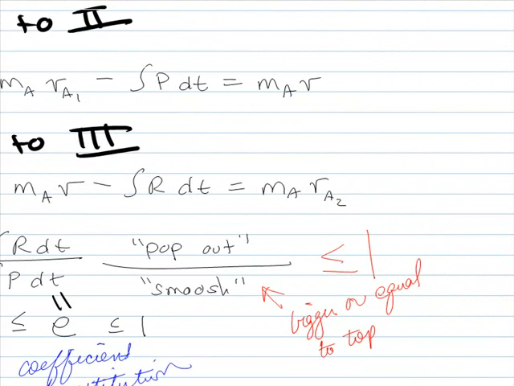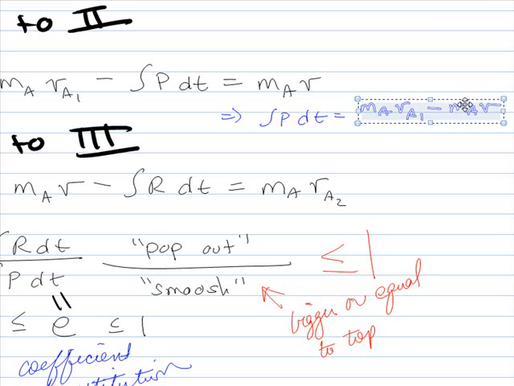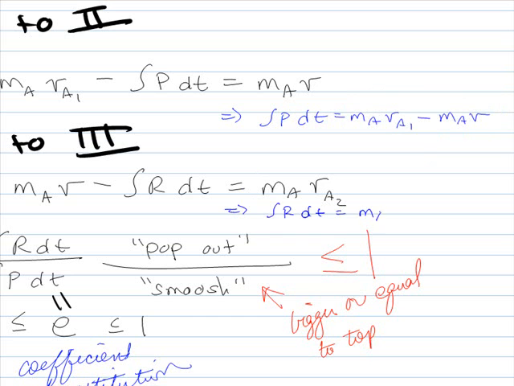So I'm going to go ahead and solve this for P. That's going to give me MAVA1 minus MAV. And then this one here is going to become MAV minus MAVA2.